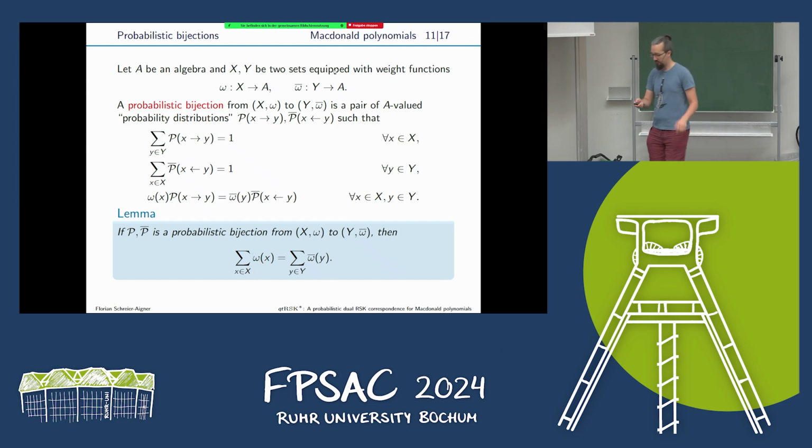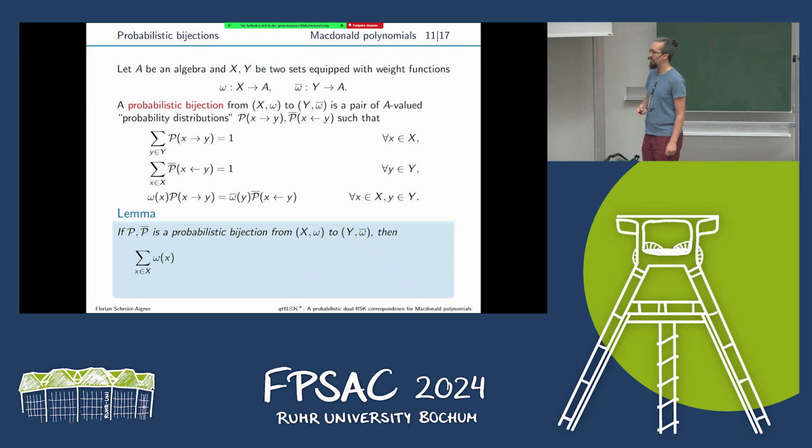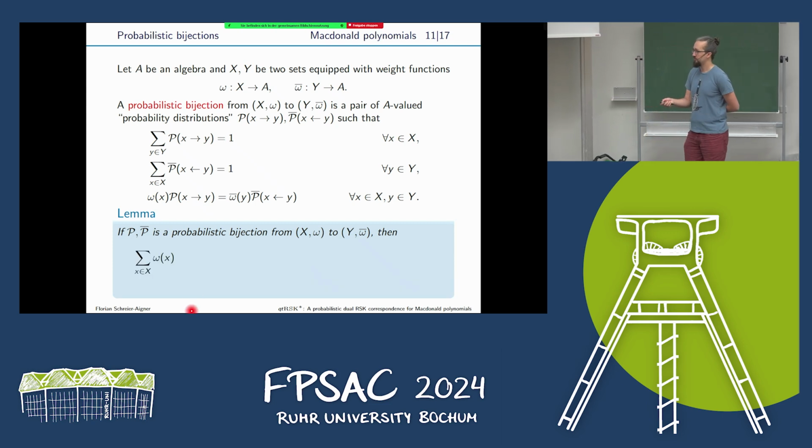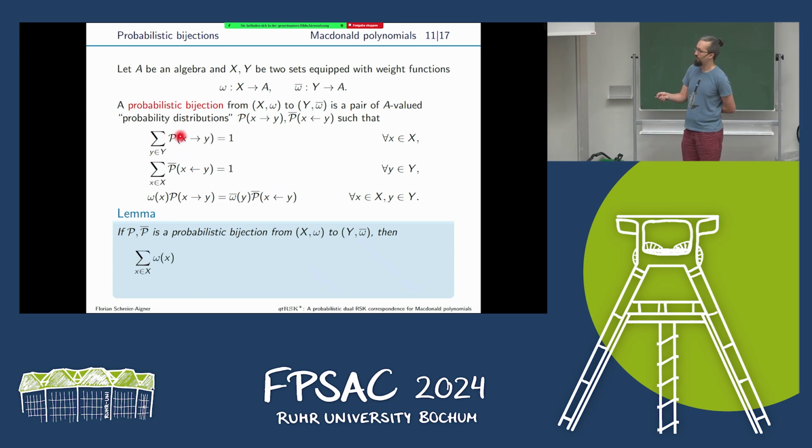And since math talks should have at least one proof, let's prove this very quickly. We start here with this first sum. We use the first condition to make the sum more complicated. We use this compatibility condition to change the weight and the probability to this second weight and this backwards probability. And finally, we can use this second property, and we have the sum we want.